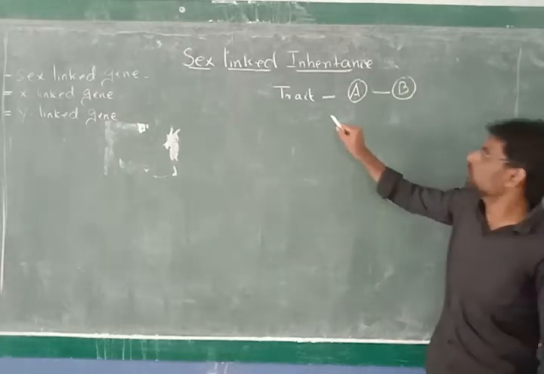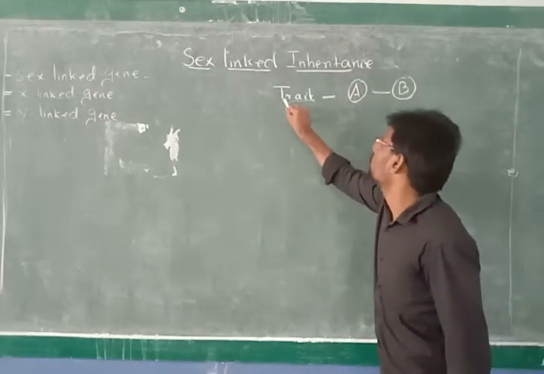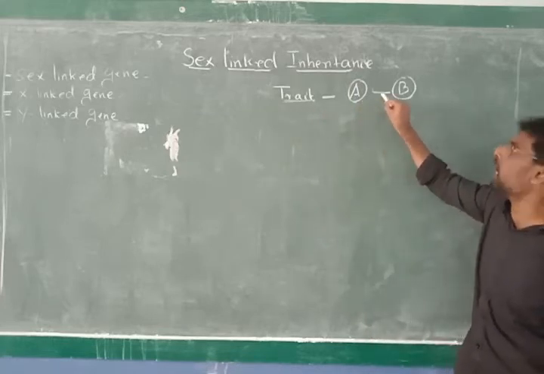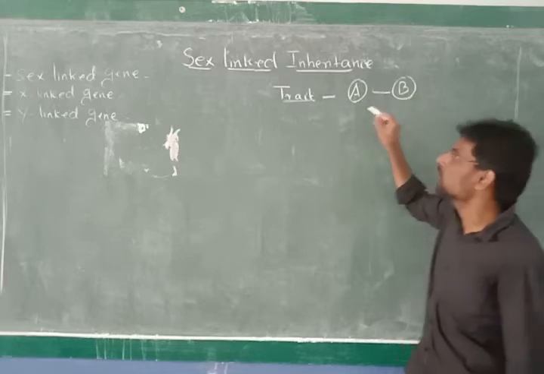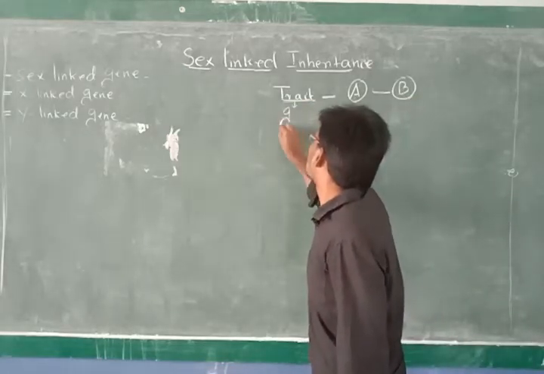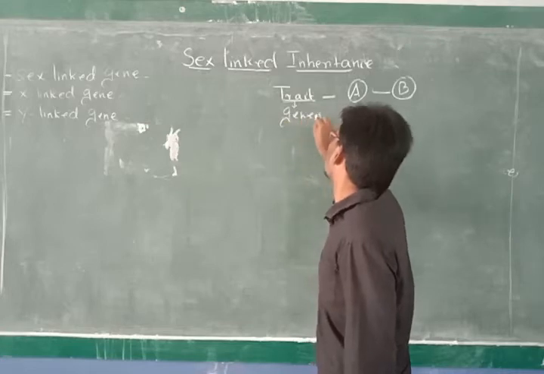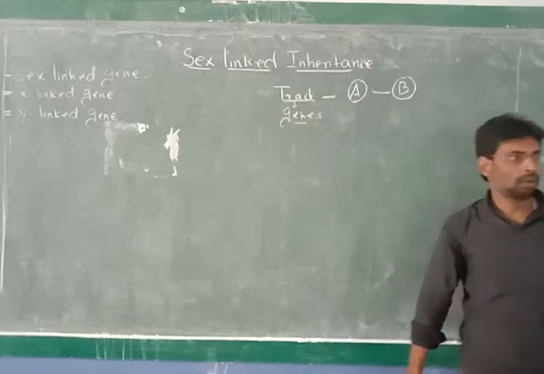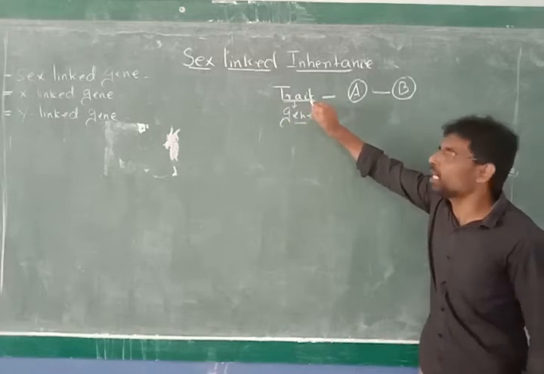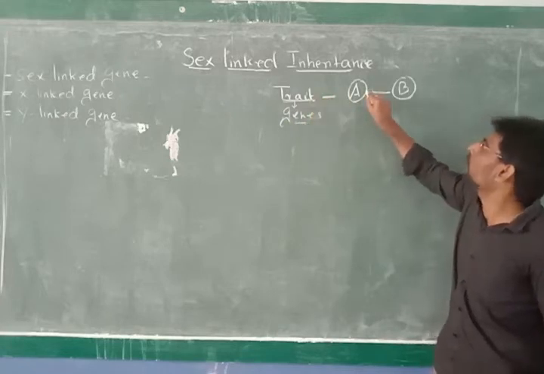So this particular character is getting transmitted from one generation to another. That means this trait is determined by the genes present in the chromosomes. Genes are responsible for determining the traits that get inherited.